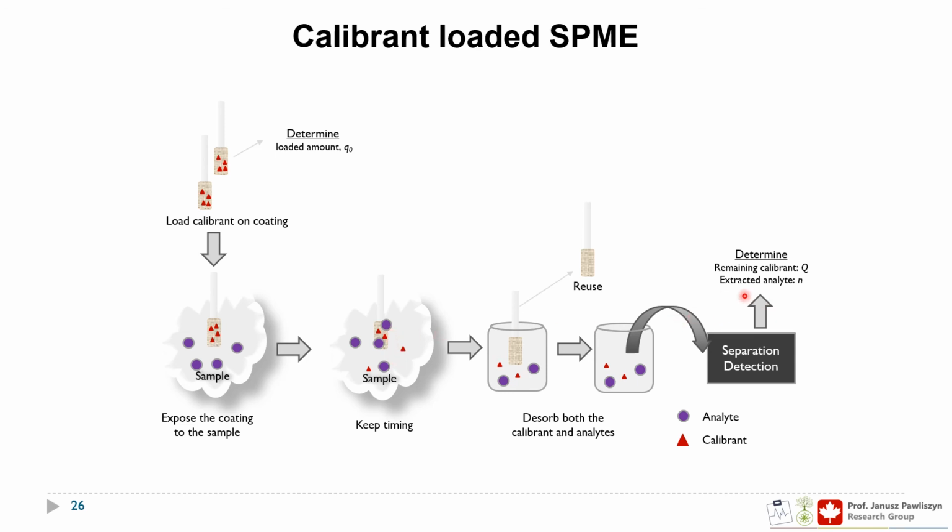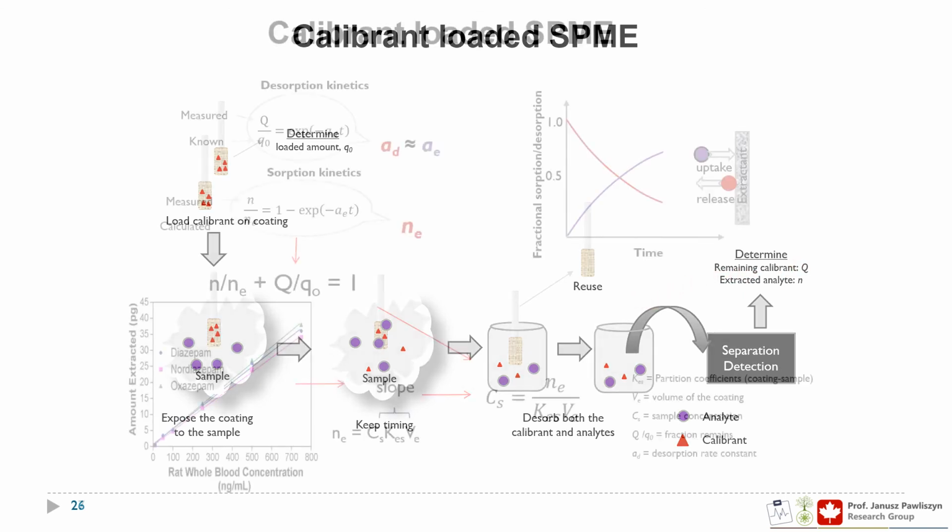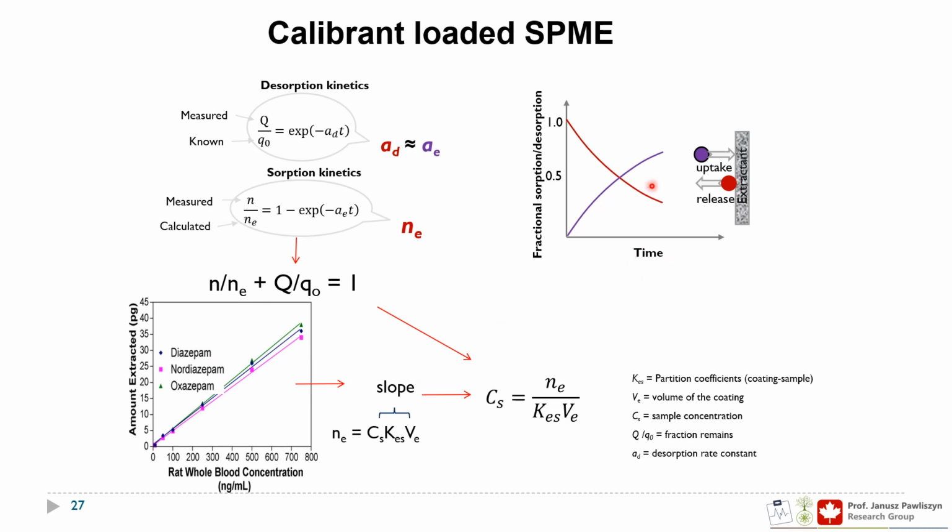So you find out the amount of extracted analytes and remaining calibrant. By knowing that the system is symmetric, that means the extraction time profile is symmetric to the desorption rate constant, the desorption profile of the calibrant, when you add both together, you have one.